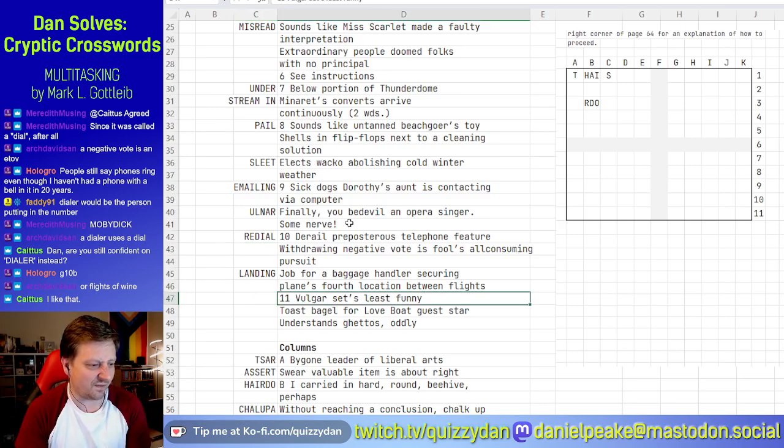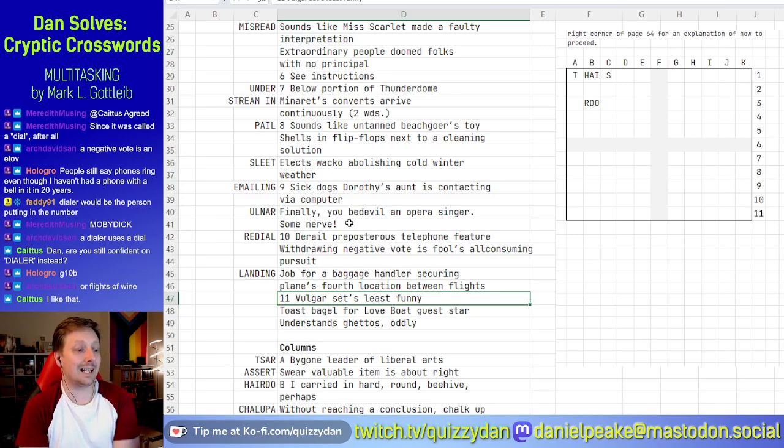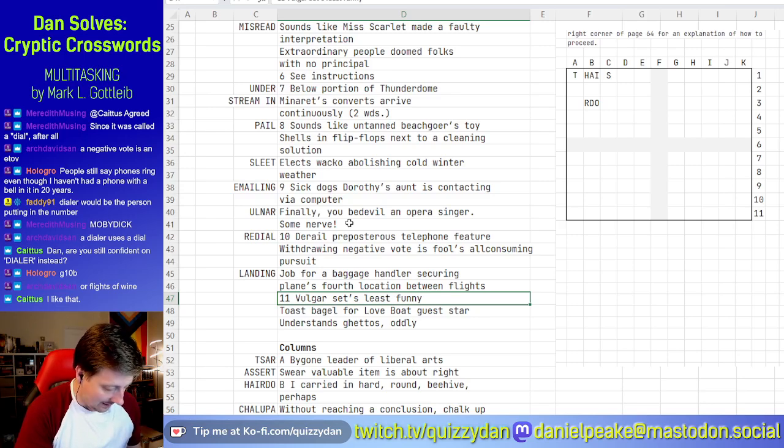Vulgar sets least funny. Straightest, dourest, something est. Oh, hang on. Unless it's an anagram of sets least, because it is all vulgar, and then it can be. Oh, both funny and vulgar are anagram indicators. There's going to be an anagram in this. But who knows of what sets.